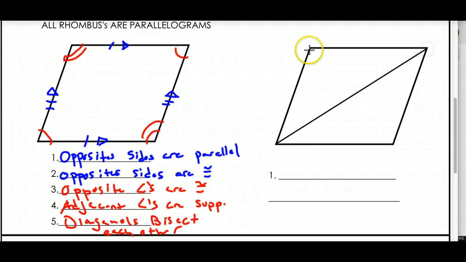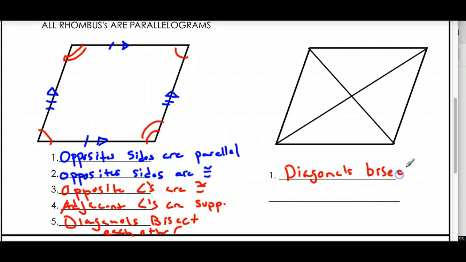Okay, so here are our diagonals, and these bisect the angles. Diagonals bisect angles. Now, what's bisect mean again? That means cuts in half, right? So I know that this diagonal right here will cut this angle into 2 congruent pieces.